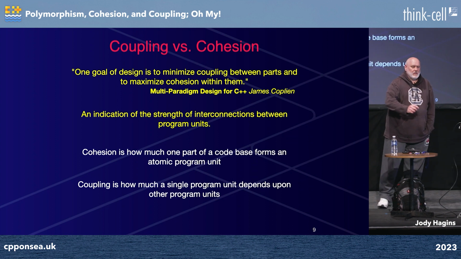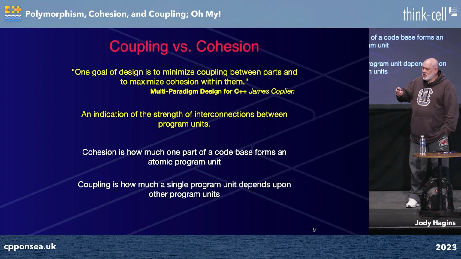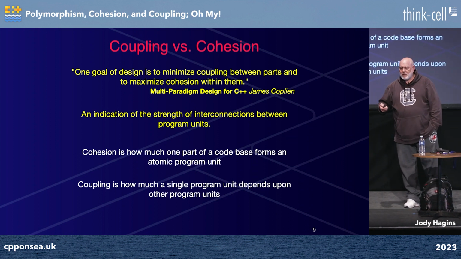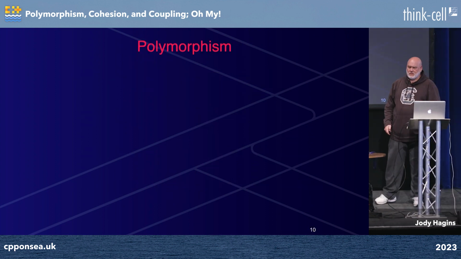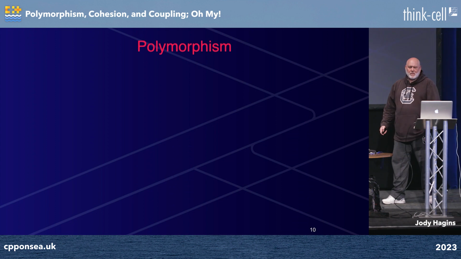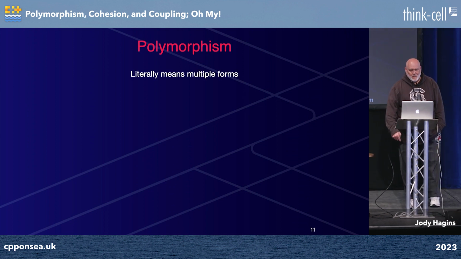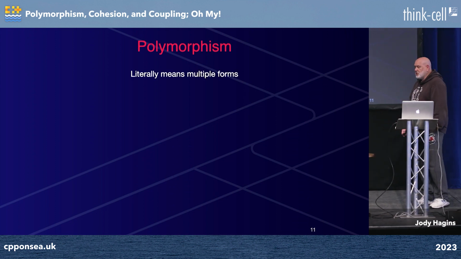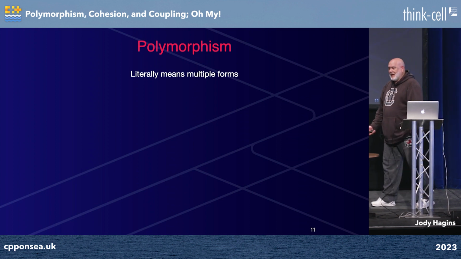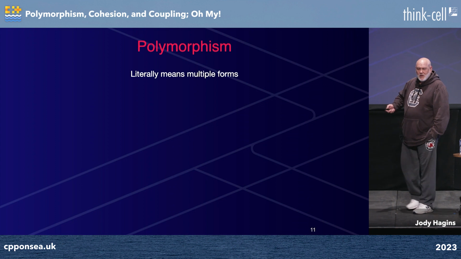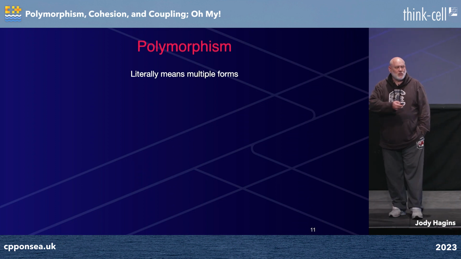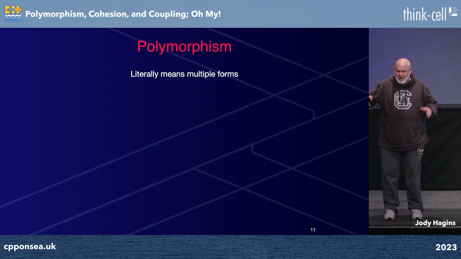Typically, the reduction of coupling and the increase of cohesion is accomplished through polymorphism. Now, what is polymorphism? It literally means multiple forms, right? It comes from biology. I'm not a biologist, but where a species may have multiple forms within the same area.